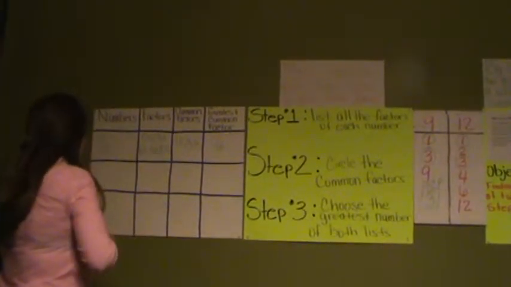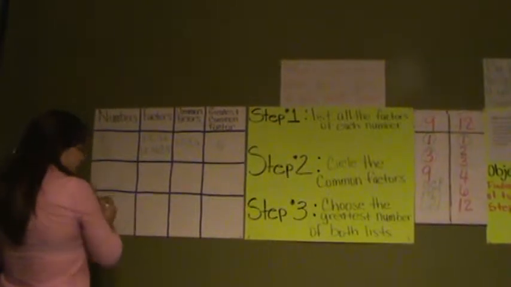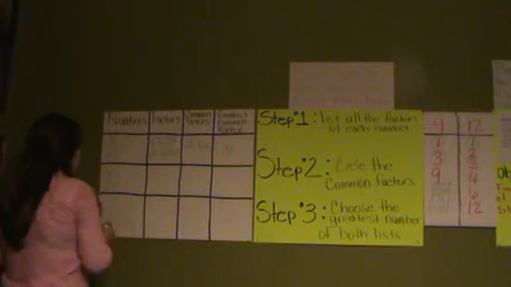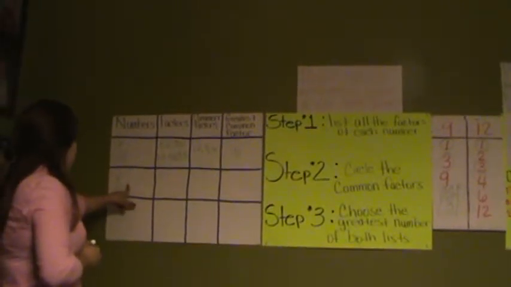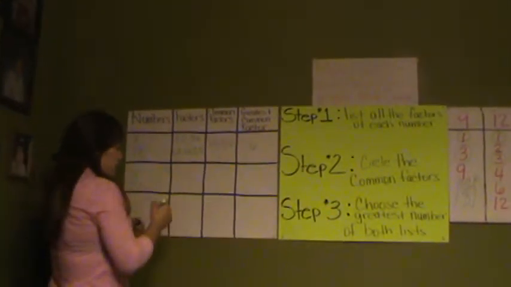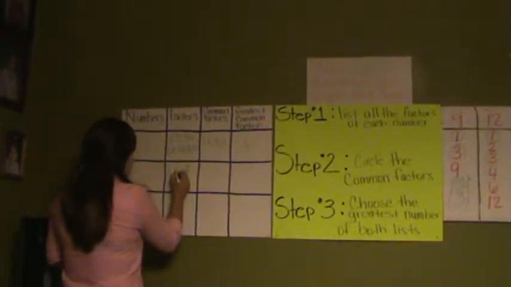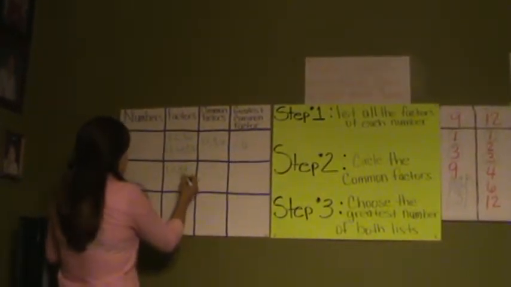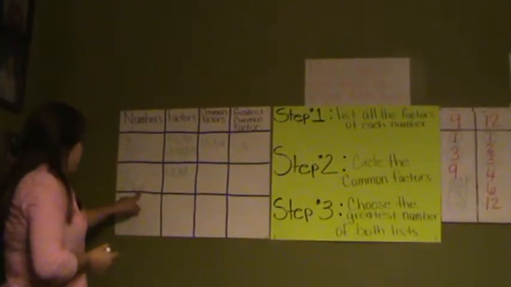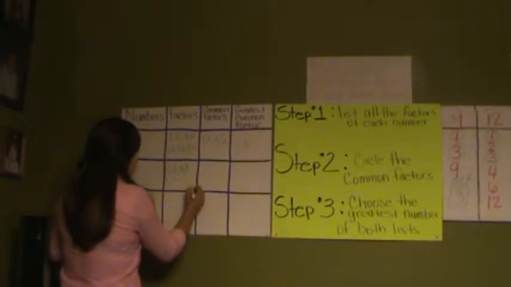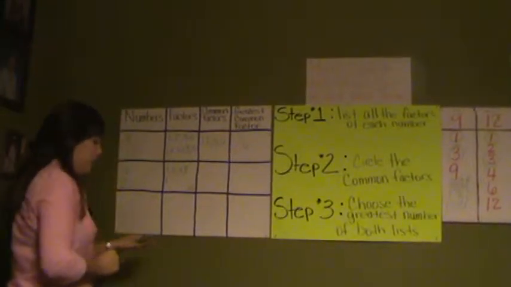So let's go ahead and do another example, and I'm going to try 8 and 20. So let's look for the factors of 8. The factors of 8 are 1 and 8, and 2 and 4. And the factors of 20 are 1 and 20, because 1 times 20 is 20.